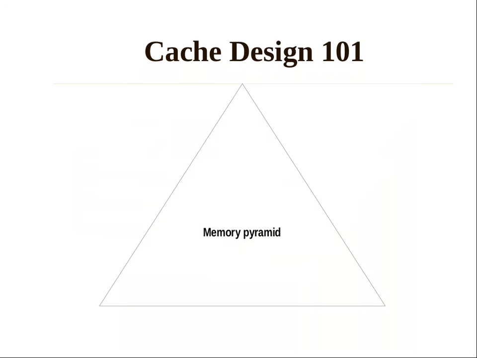to this picture. So, cache design. It's good to think of it as the memory pyramid, where maybe at the bottom you have your disk, which usually has many gigabytes. Okay, that should be terabytes nowadays. Many terabytes of information.